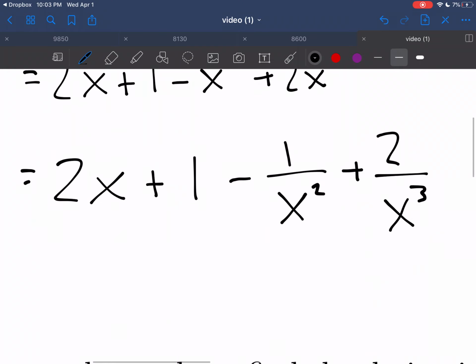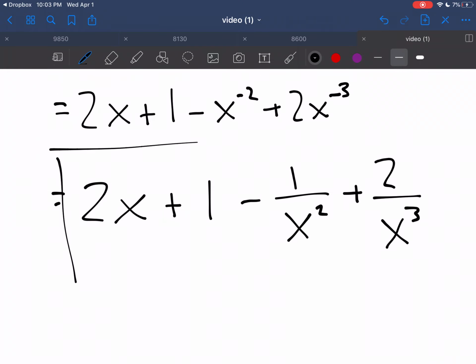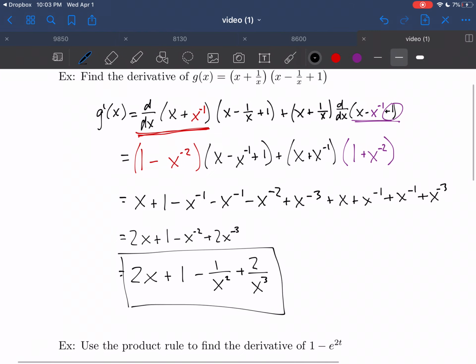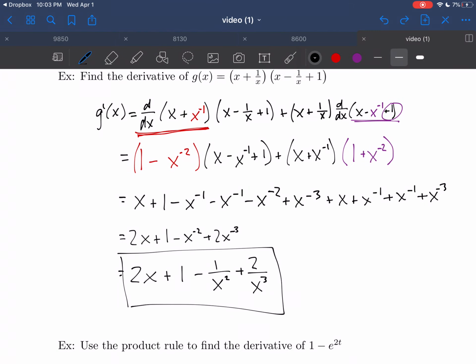And that is our final answer. Okay. So using the product rule and the quotient rule is when we start talking about having to use multiple derivative rules. A lot of times it won't just be, oh, you do this one and it's done. Sometimes it'll be a combination.